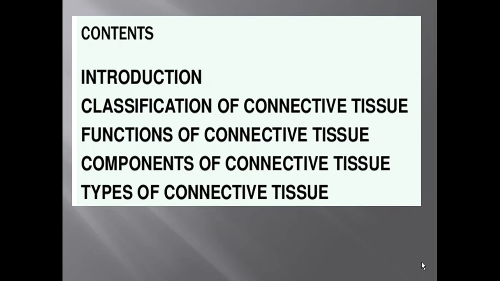My PowerPoint for histology of connective tissue: I will go through the contents, starting with the introduction. I will mention an overview, and then classification of connective tissue, and functions, components, and types of connective tissue.